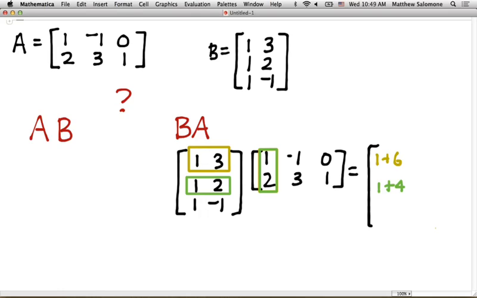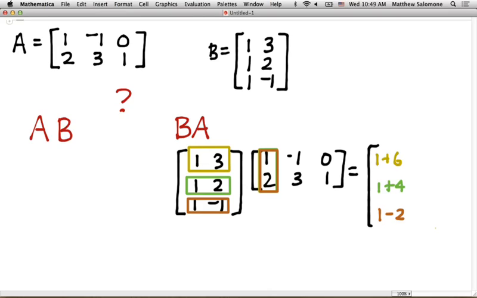And then take another step down the row of the first matrix to get our final product in the first column of the product. 1 times 1 plus negative 1 times 2. And there we have the first column of our product. The first column of the product came from the first column of the second matrix, multiplied into the first, second, and third rows of the first matrix.